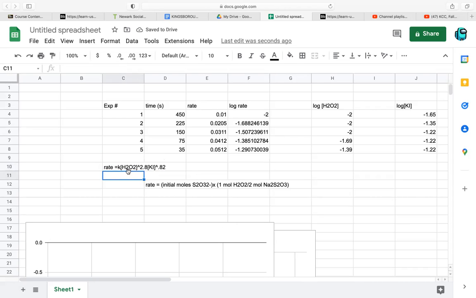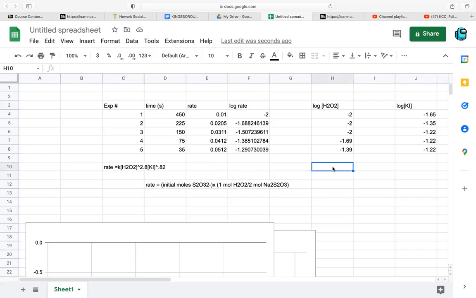Getting those orders tells you what the exponents are. And once you've got the orders, you've got 5 experiments where both the concentrations are calculated already, and now the orders. And you know the rate. You have everything in here except K for 5 different experiments. So what you do is you use the spreadsheet to figure out what K is, right?